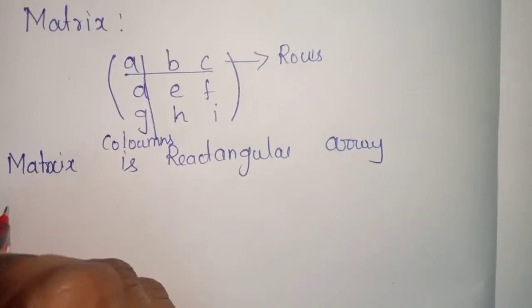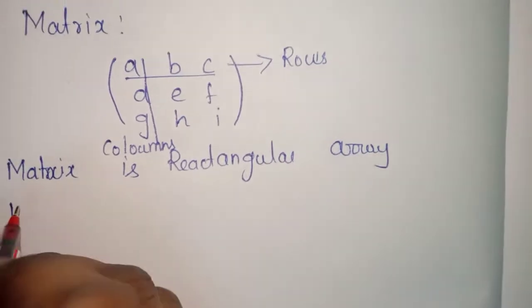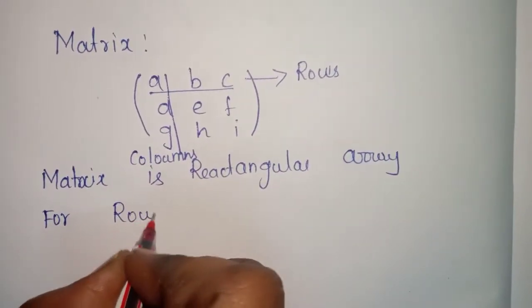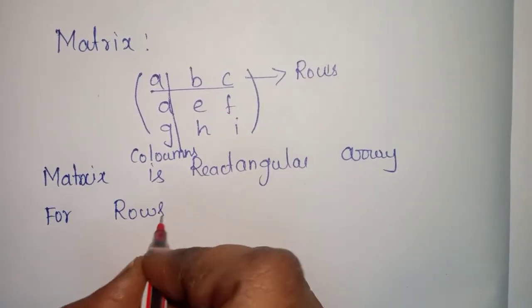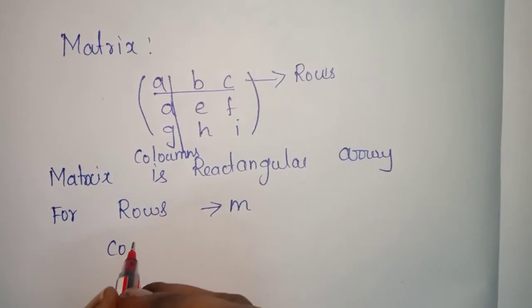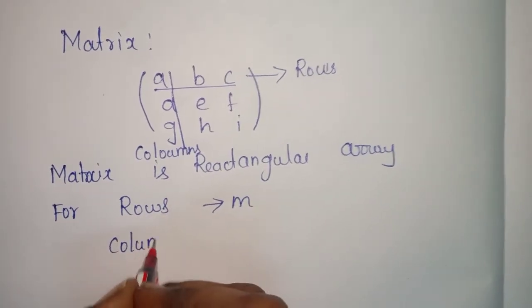The number of rows is indicated as m, and the number of columns is indicated as n.